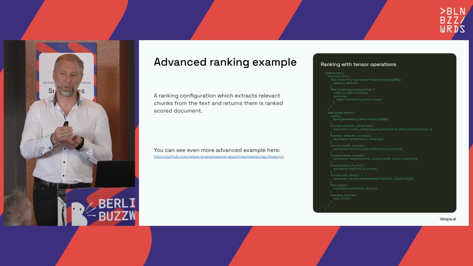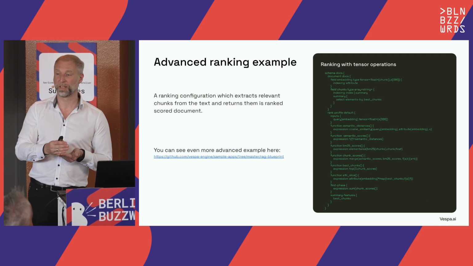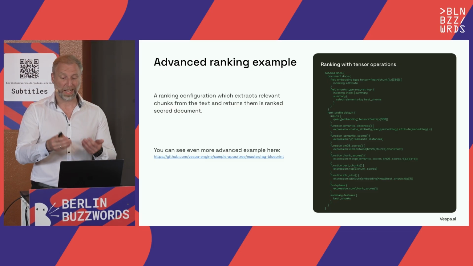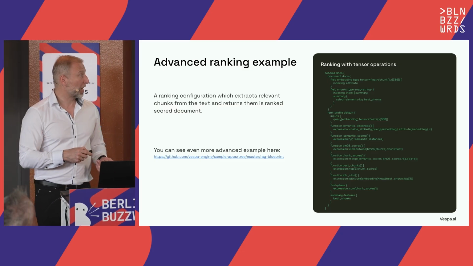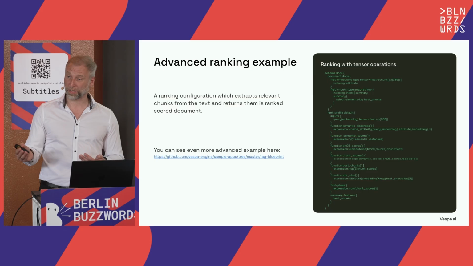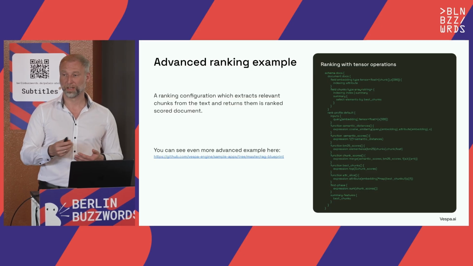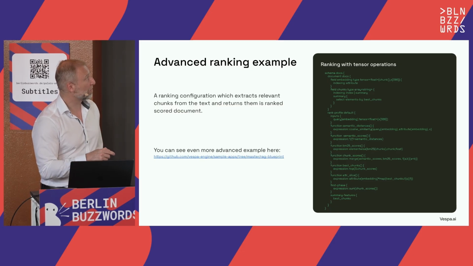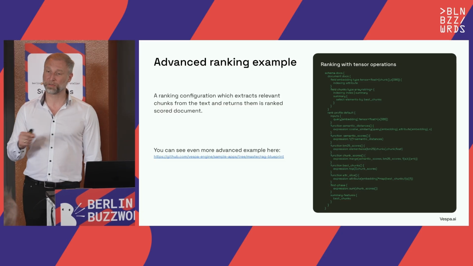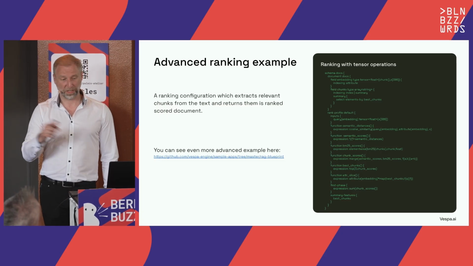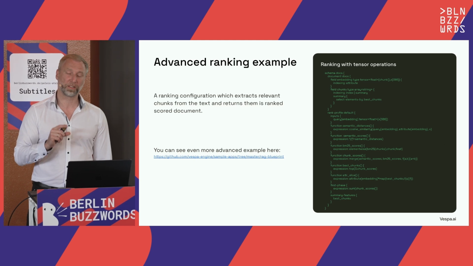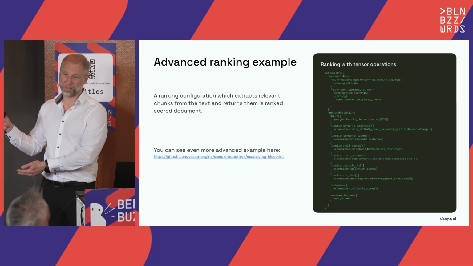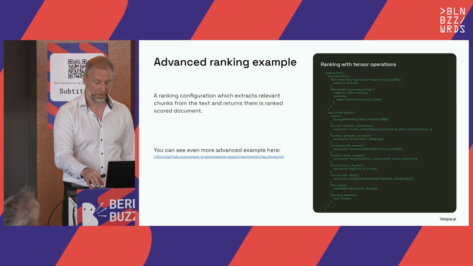Then we combine those two, the BM25 scoring and the similarity scoring. And then we select the chunks which have the best scoring from both semantic and BM25. And then we are able to select and return to the user only those chunks from the document, not the full document, across many documents, only those chunks which have the highest relevance to the result. So effectively, you are not sending everything from the bigger documents as a result, but only the chunks which are relevant.